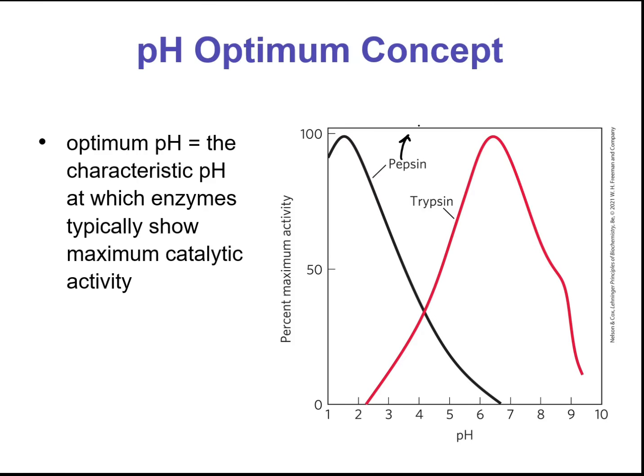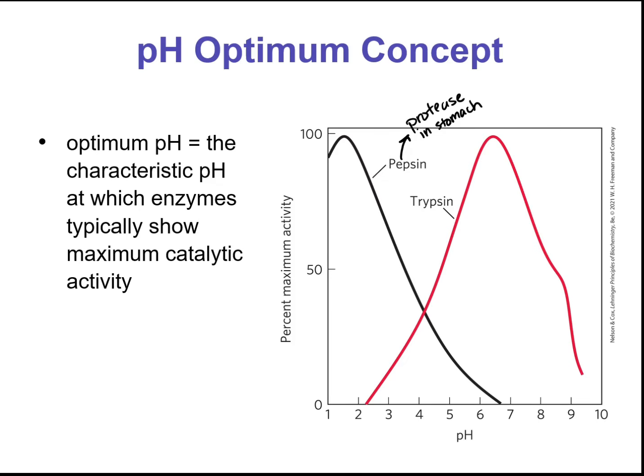Pepsin is a protease. Protease is just something that eats proteins, right? It breaks them up. When I say eats, I really mean that it does a chemical reaction that will break apart a protein into smaller peptides. But eats just sounds a lot better. So it's a protease that works in the stomach.